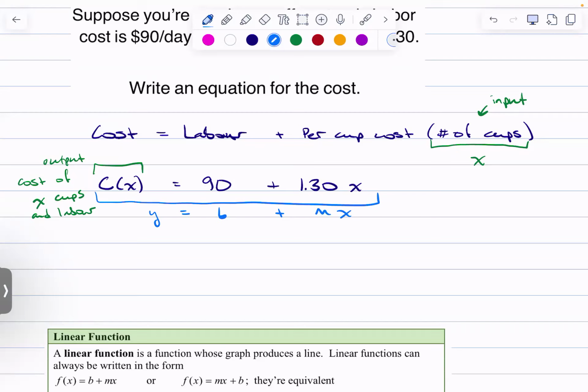Mx plus b is the same as b plus mx, but typically when we talk about a line, our initial cost is $90. You have to pay that even if you sell 0 cups. So that's a cost no matter what. So that's your y-intercept, and then we increase it by 1.3, the slope, times however many cups we've sold.